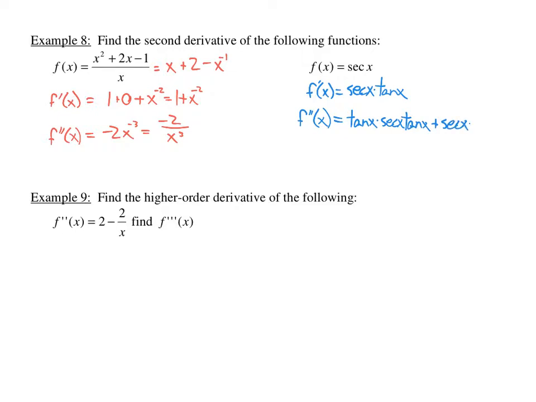What's the derivative of tangent? Secant squared x. Good. Alright, so we can then simplify this a little bit. Secant x times tangent squared x plus secant cubed x.